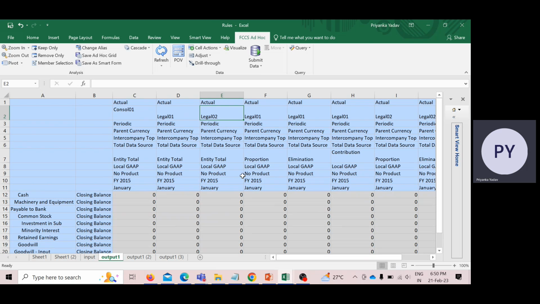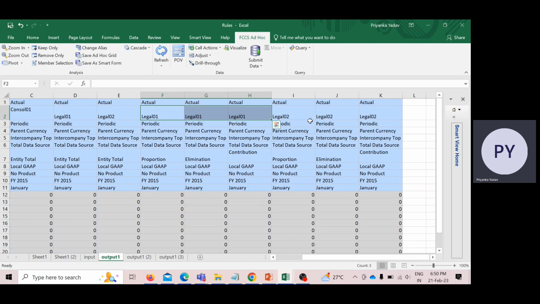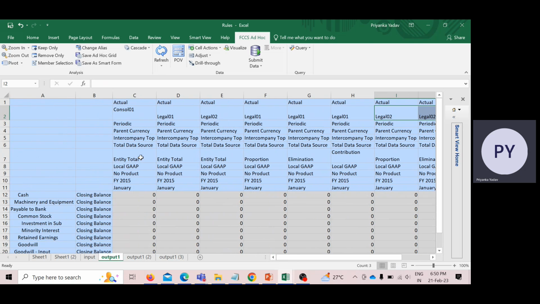Further, I have also taken the consolidation members of proportion, elimination, and contribution on both the base level entities, that is the holding company and the subsidiary entity. So let's refresh this sheet.